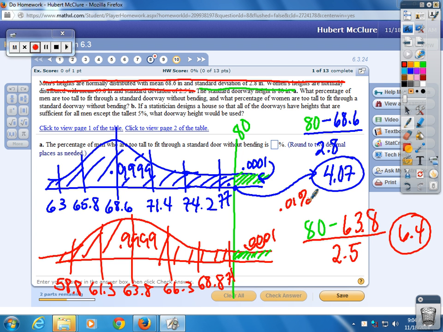Is that a z-score or area? It's an area of 0.0500, which means the complement is what? So somebody find me the z-score for 0.9500, or put it in your inverse norm.